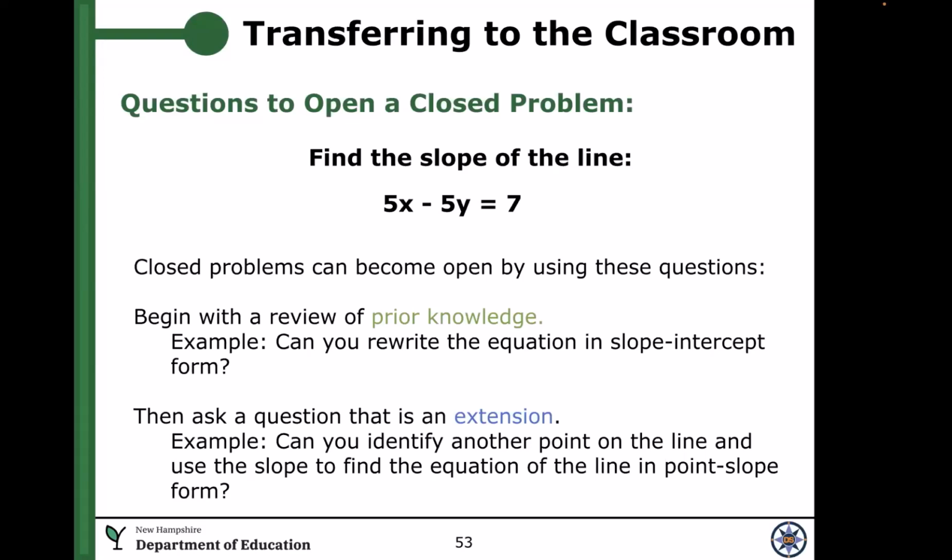So we want to begin by looking at prior knowledge, right? So you can rewrite the equation in slope-intercept form. That's how we could be looking at prior knowledge. And then you can ask a question that's an extension. So here is the actual problem, and here are some questions that you might ask to open it up.